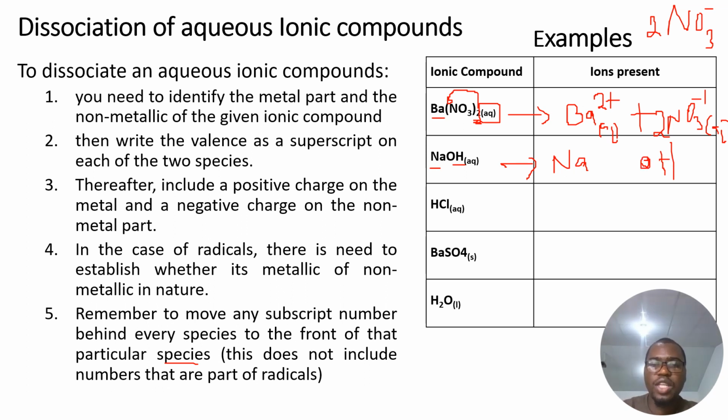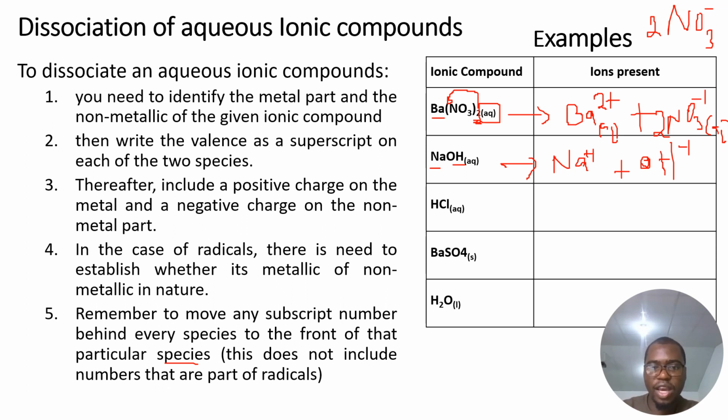The valence of sodium is 1. The valence of the hydroxide is also 1. Sodium is a metal, so we're going to put a plus, and here we're going to put a minus. That is how you write it, because it doesn't have any other numbers.